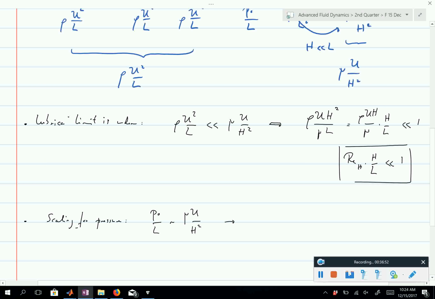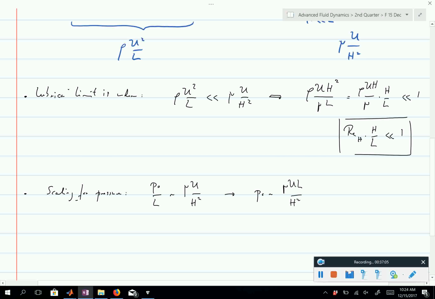So your scale for pressure is mu U L divided by h squared. So you note that your characteristic scale for pressure already has a 1 over h squared in the denominator, right?